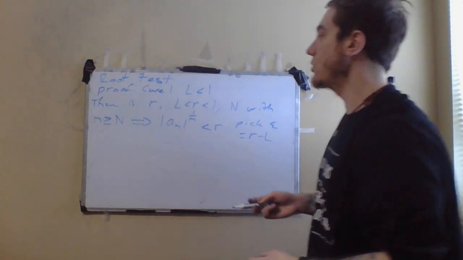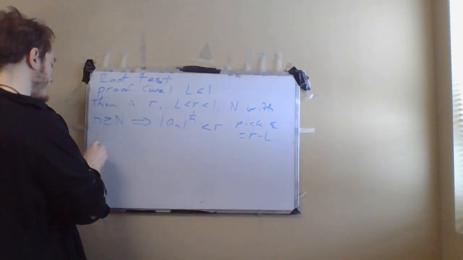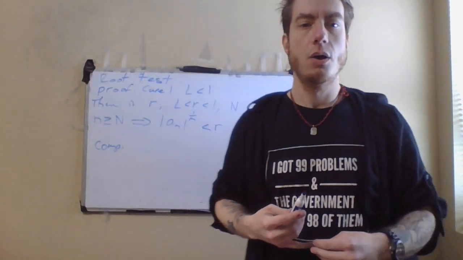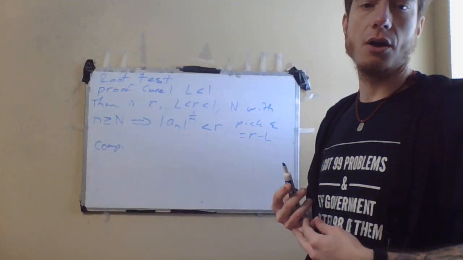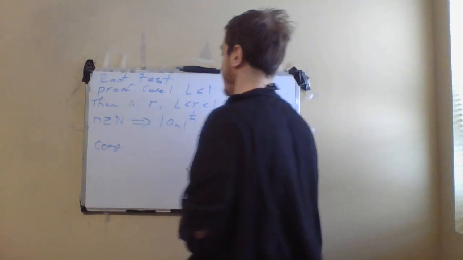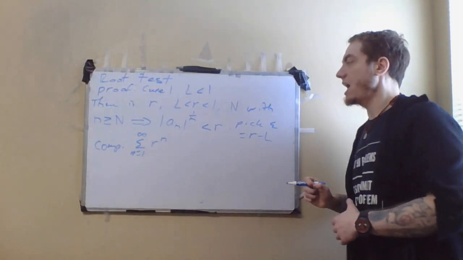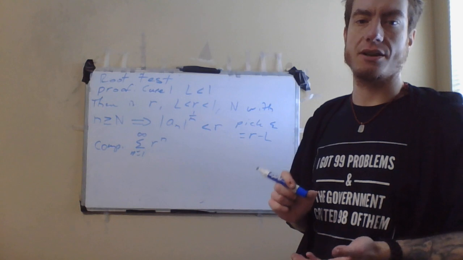Anyway, the idea here is we're going to do a comparison with the sum from n equals 1 to infinity of r to the n, which is, of course, a geometric series that converges.